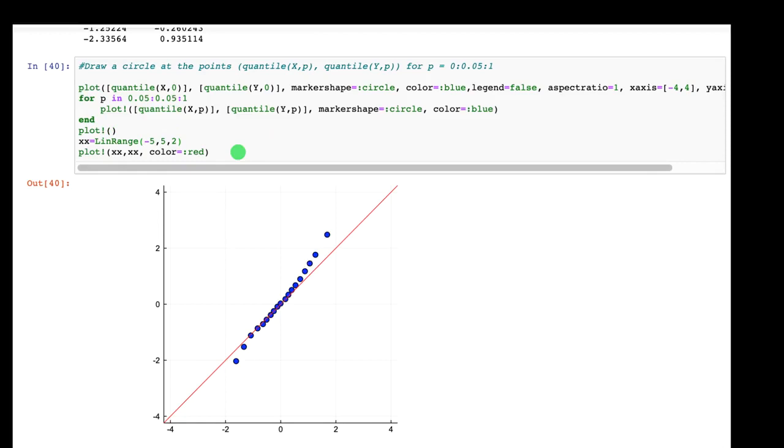It's just to make the point that the QQ plot is nothing but a plot consisting of the quantiles of two distributions evaluated at the same value p between 0 and 1. If I increase the number of points to say 100 points, the QQ plot would look like this.